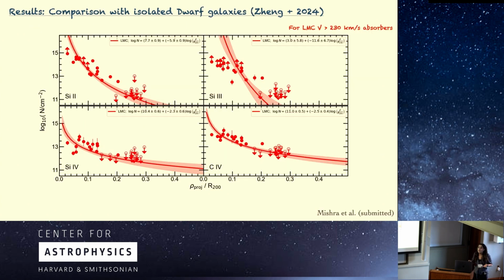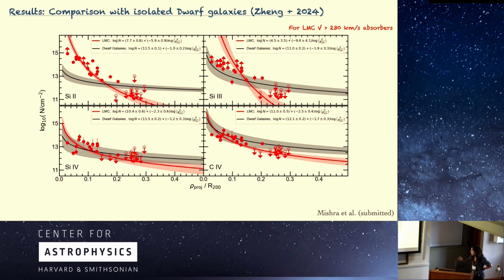And next, we argue that this truncation is because the LMC is not isolated, it is constantly interacting with the Milky Way and the SMC. So we argue that this truncation of the LMC inner halo is due to the environment effect. To test this, we compare our LMC profile with the isolated dwarf galaxy sample given recently by Zheng et al.